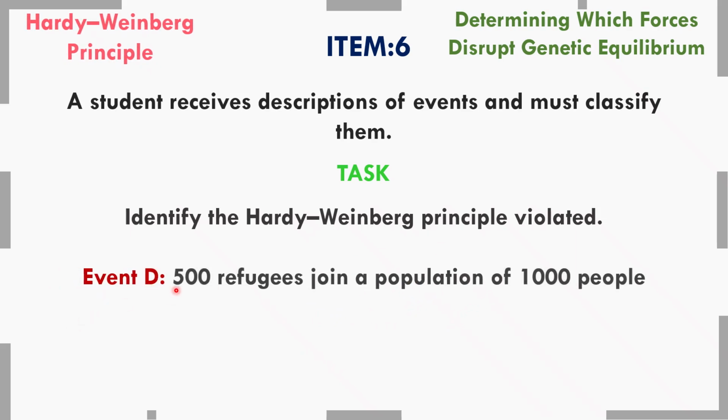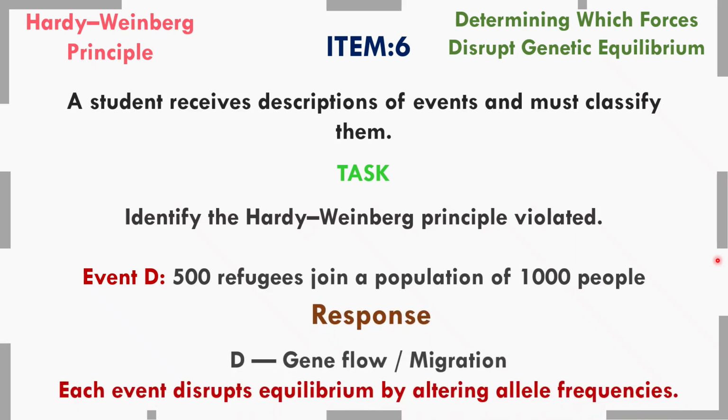Event D: 500 refugees join a population of 1,000 people. This is gene flow or migration. Each event disrupts equilibrium by altering allele frequency.